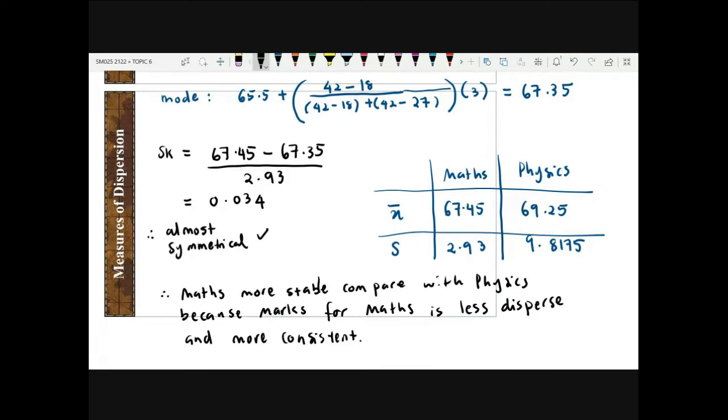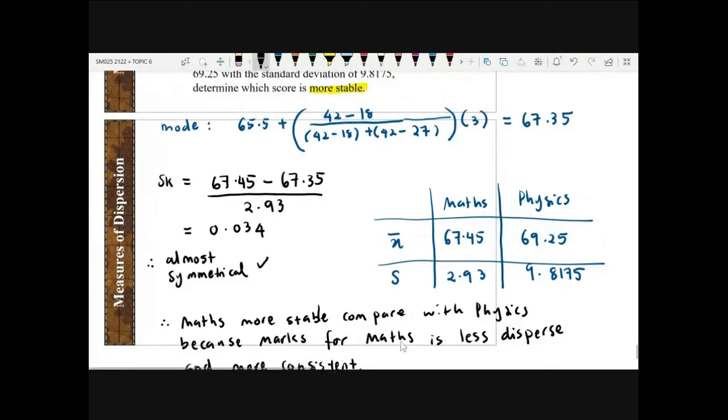Itu je cerita dia. So kat sini kalau nampak tu siapa yang lagi rendah nilai standard deviation, dia yang lagi bagus. Soalan ni tanya kenapa dia lagi stable kan? State with a reason. Sebab markah math ni kurang disperse, lebih konsisten compared with markah fizik. So maksudnya markah math yang lagi stable. Okay. Alright. Habislah about 6.3 standard deviation, variance and Pearson coefficient of skewness.